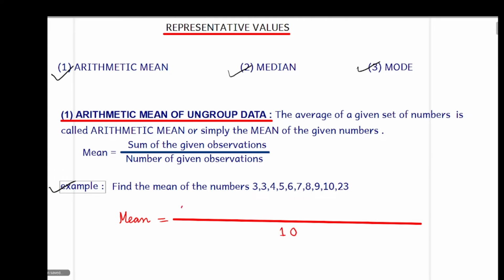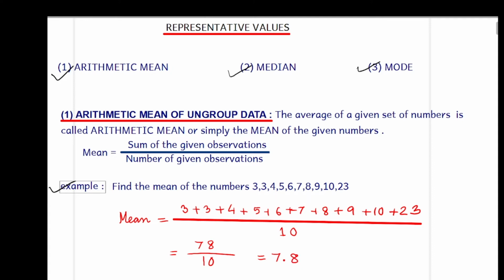Now we have to add 3 plus 4 plus 5 plus 6 plus 7 plus 8 plus 9 plus 10 plus 23. When we add all these numbers, we get 78 by 10, so it will be 7.8. The mean value is 7.8.